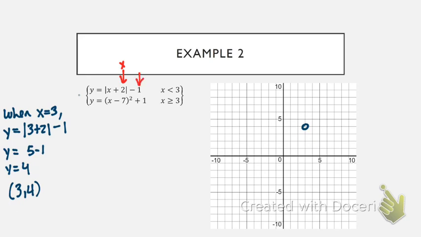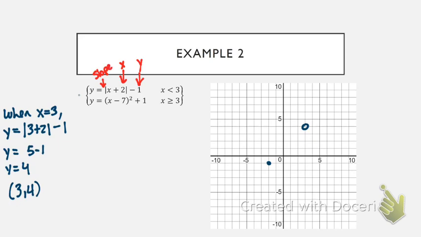The vertex is right here at (h, k). So I know the vertex, or the lowest point on the absolute value, is at (-2, -1). And then, with absolute value, we talked about how this number out here is the slope.